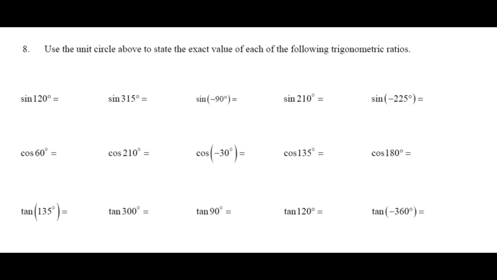And next year I'll show you a way you can fake your way into it without actually knowing it. You can just use your calculator. Okay, I'll tell you now. You can if you memorize the decimal equivalents of 0, 1/2, and 1, which are pretty easy because they're 0, 0.5, and 1. And root 3 over 2, which is 0.8660 or something. And root 2 over 2, which is 0.7071, right? So if you do sine 60 and you see 0.866, you say, oh, that's root 3 over 2.